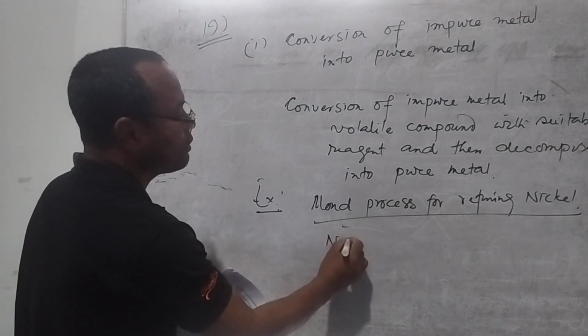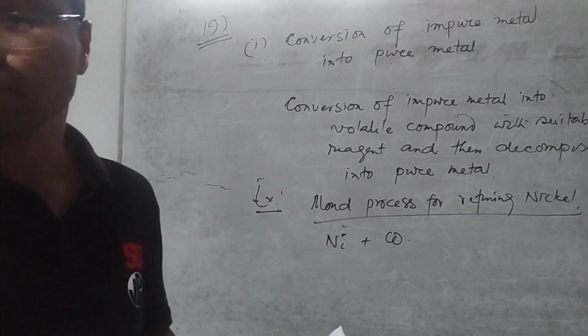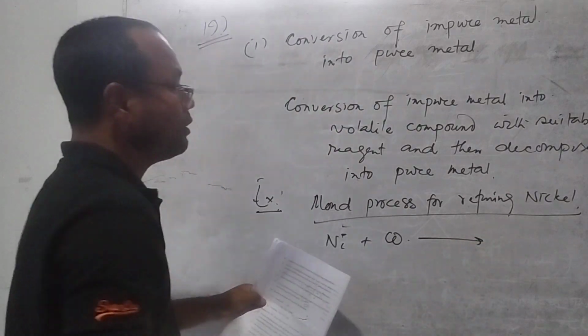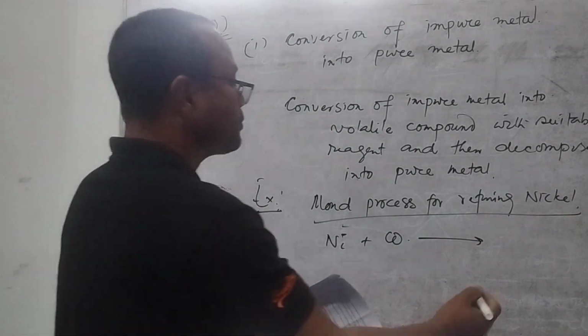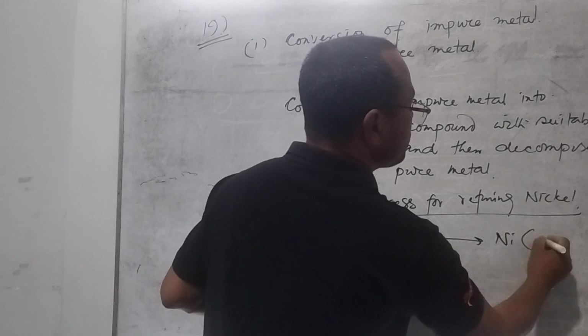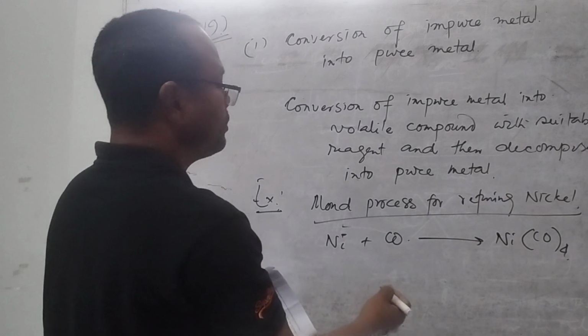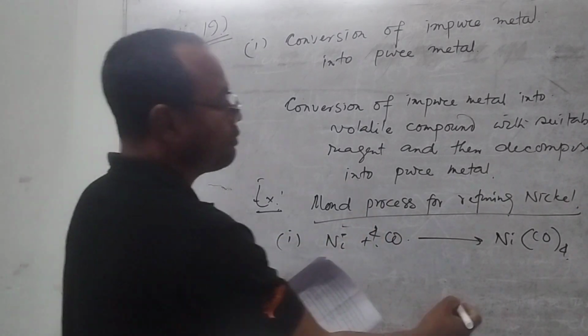Nickel reacts with carbon monoxide and forms the volatile compound nickel tetracarbonyl at a suitable temperature. So this is the first step, and this is the volatile compound.